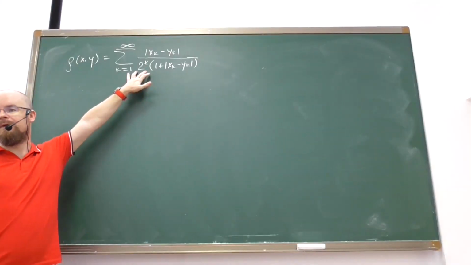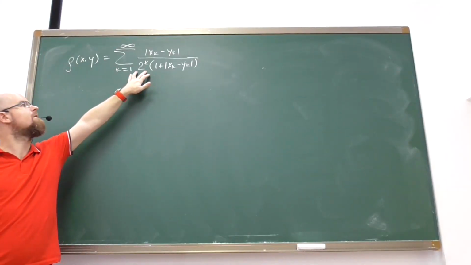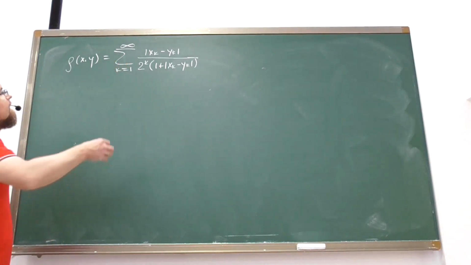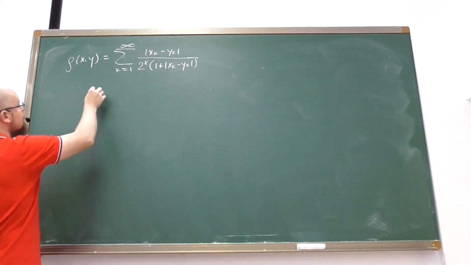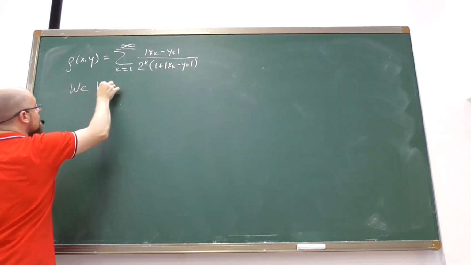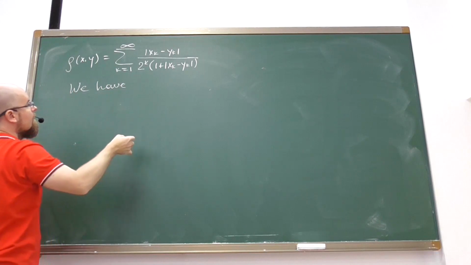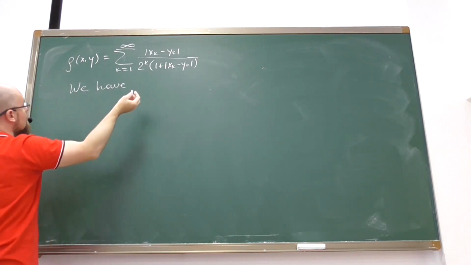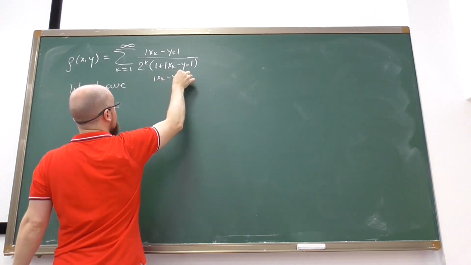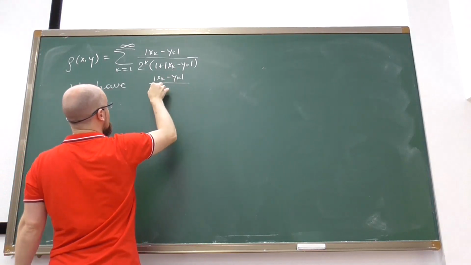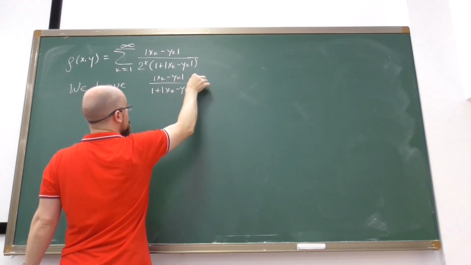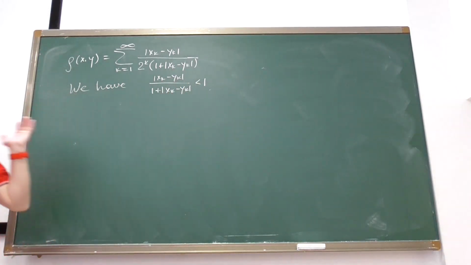This 2 to the power k term is specifically plugged here to make this sum finite. So what we have first, well, we clearly have that |xk minus yk| over 1 plus the same expression is strictly less than 1, for sure.